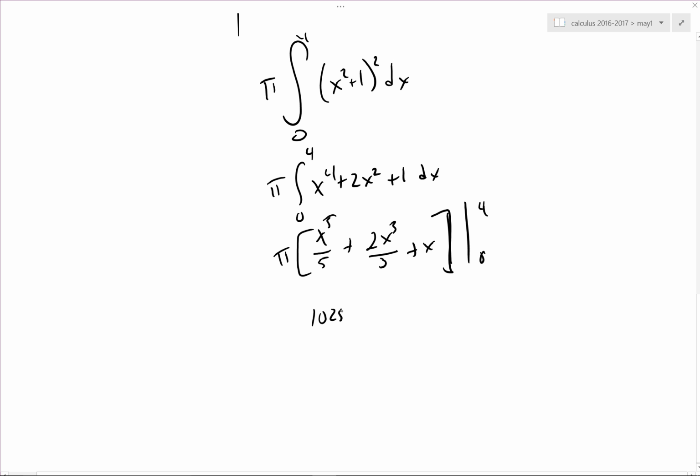That gives 1024 over 5, which is 204.8, plus 128 over 3, which is 42.66666, plus 4.